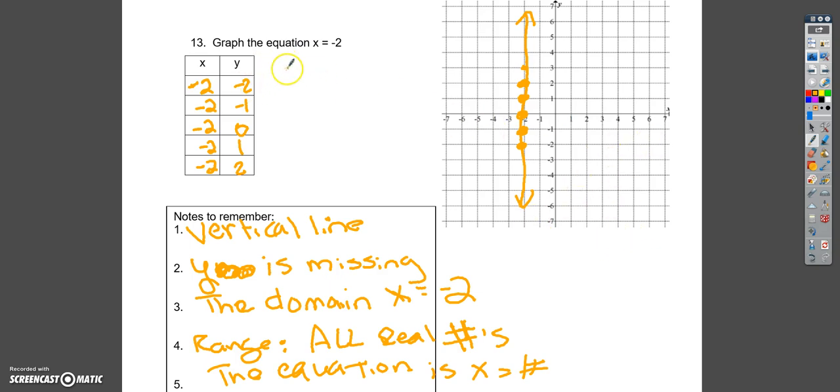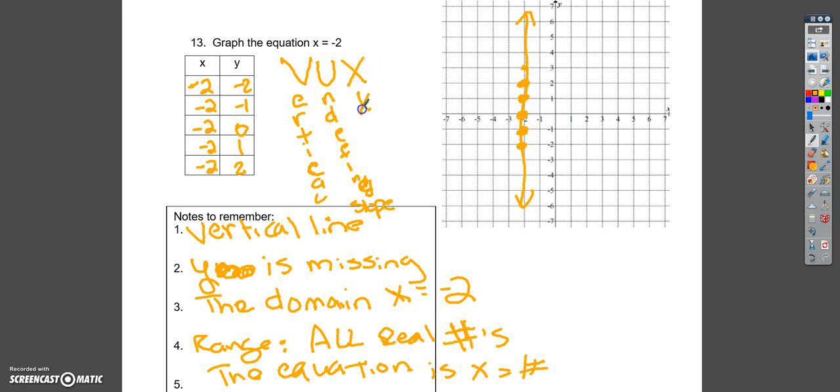So now I'll introduce you to my friend VUX. V stands for vertical, because it makes a vertical line. U, and we're not there yet, but U is undefined. X is slope, and we'll get there, we're not really talking about that yet.